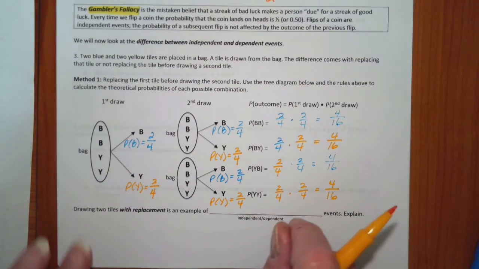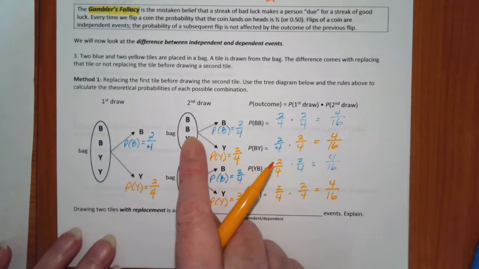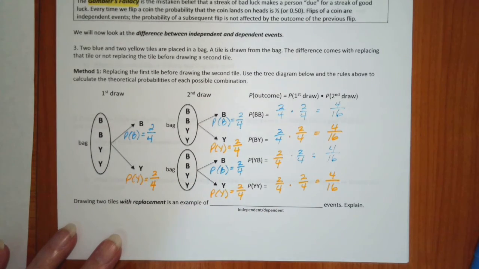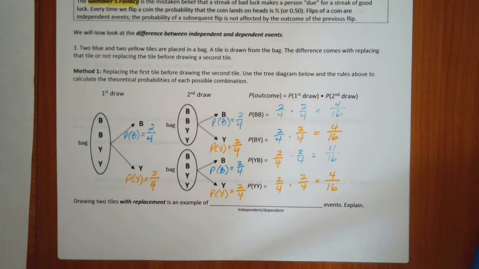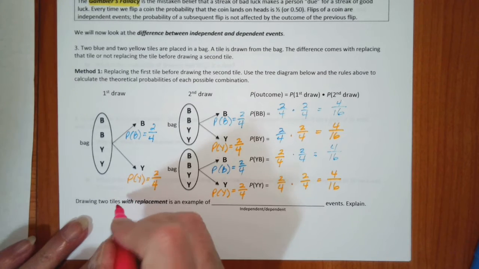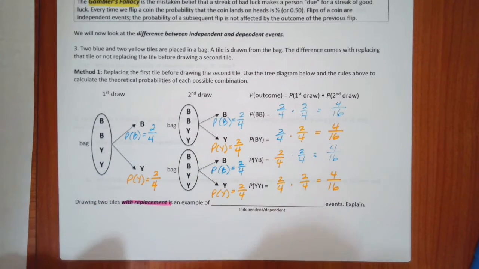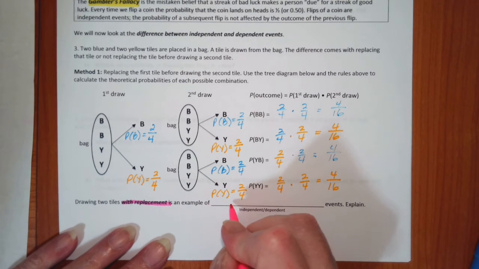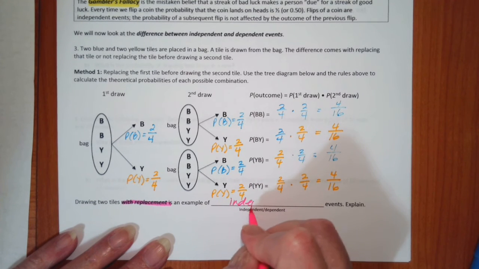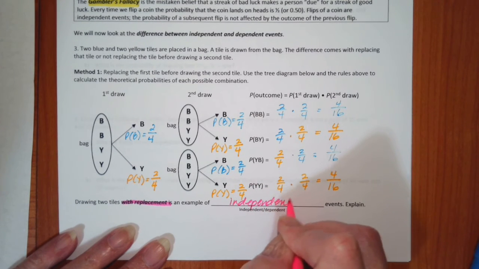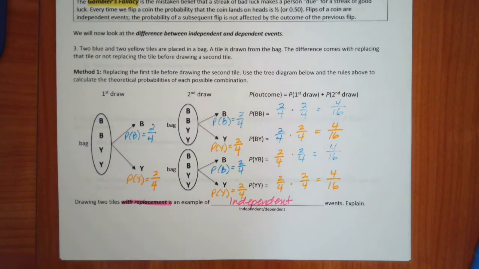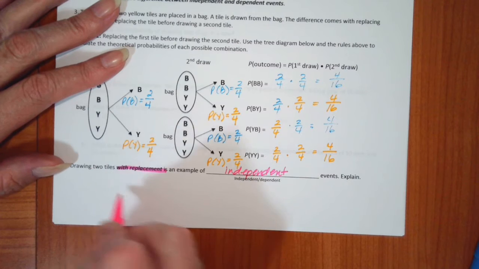Okay. Now you will see that by replacing the marble, so this is with replacement, these are independent events. Now, why is that the case?